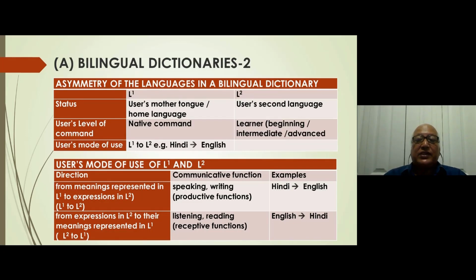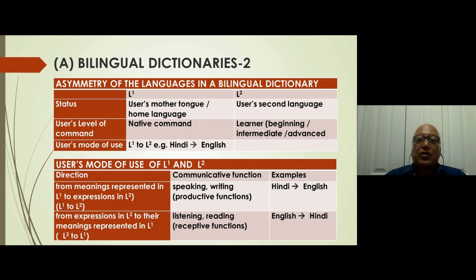In terms of users' command, the L1 is a language where there is native command of the learner, whereas for the L2, the learners, depending on the levels, could be a beginning learner or an intermediate learner or an advanced learner. So basically, in terms of competence and proficiency, there's this difference.